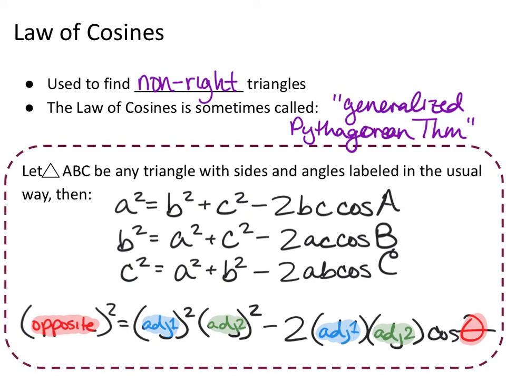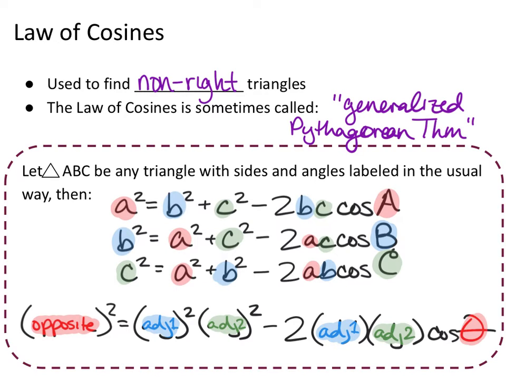If we want to find side length a, all we would need is side length b, side length c, and the angle A. If we wanted to know side length b, all we would need is a and c again, and angle B. If we wanted to know angle C, you can kind of tell all the variables shift to take over. We need a and b to find cosine of angle C.